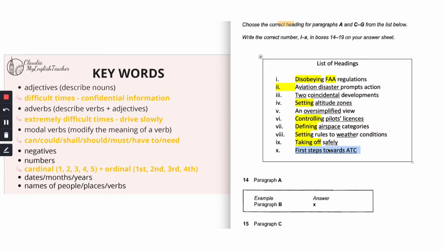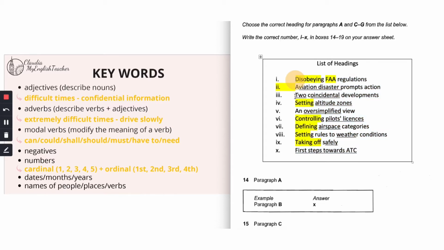Now, another suggestion for you is that when you try and match the list of headings to the different paragraphs in the text, you don't just go and find the one that matches, but you read them all every single time and you go by exclusion. So you say number 1, no, it can't be. Number 2, maybe.